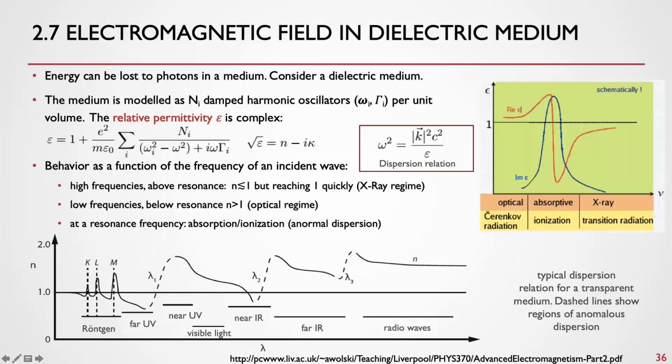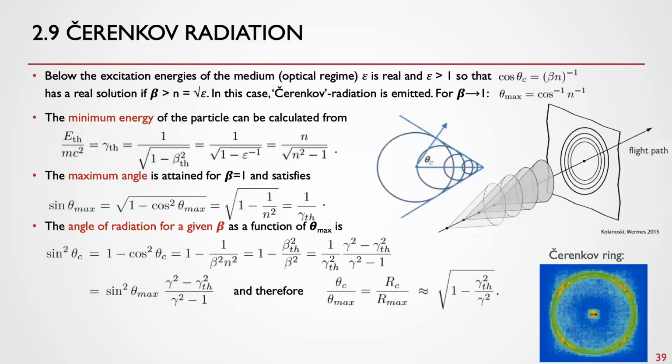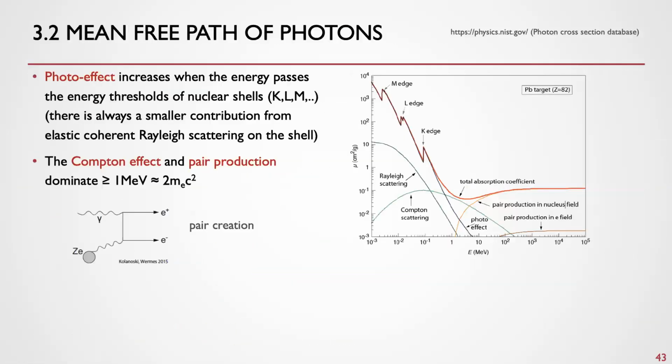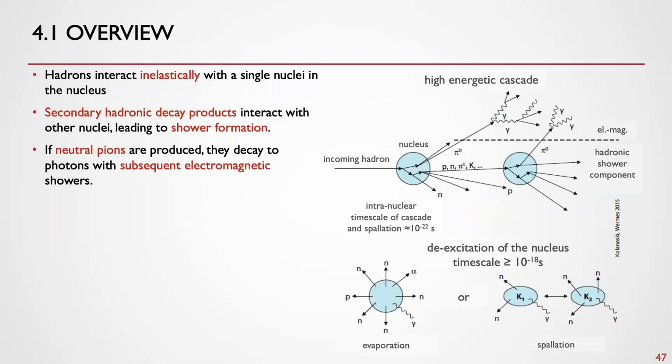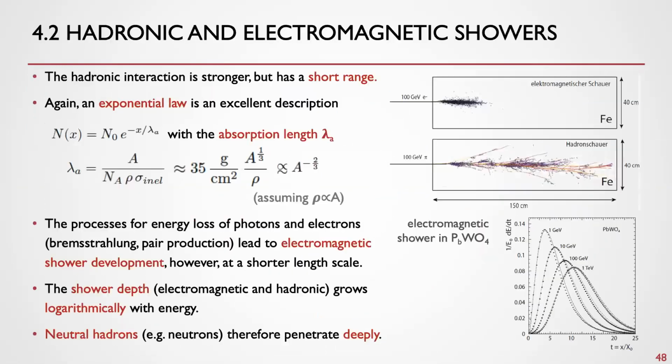So if we go back to our shower picture to explain this logarithmic behavior, what happens is that while we're rolling down the energy loss for very highly energetic electrons and photons, it takes a while.